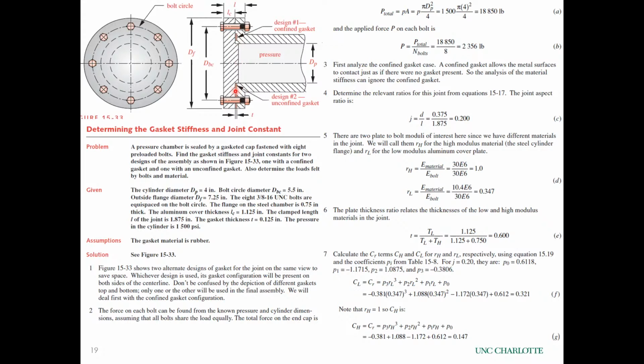I mean, you may not even have loads that are that high, so you don't care. But it's what you need to understand. What I want you to understand is that this unconfined gasket lowers the joint stiffness pretty much to the stiffness of the gasket. When you have a confined gasket, you have a stiffness in the material that's related to the material properties.